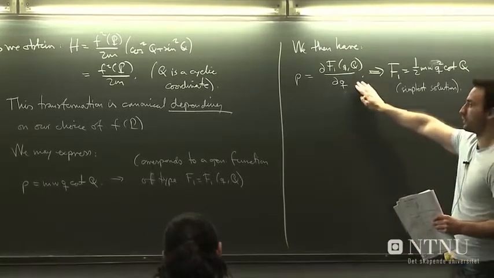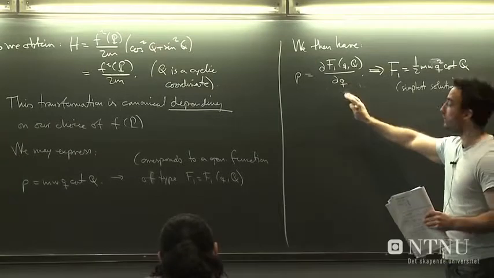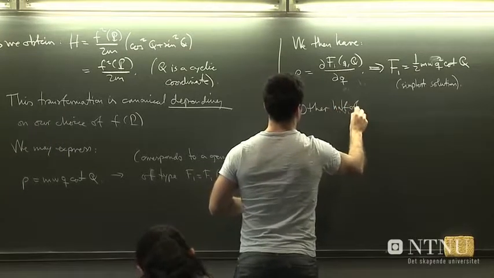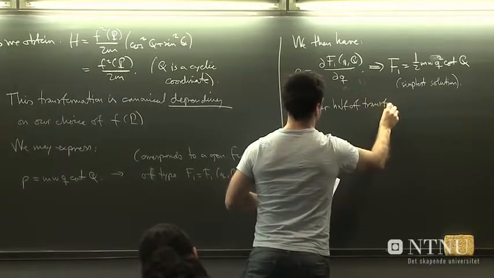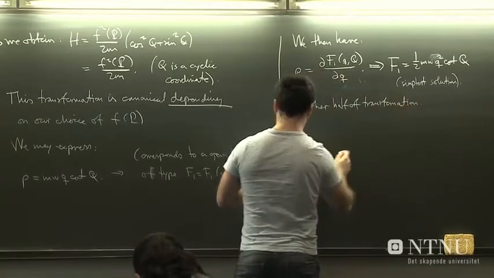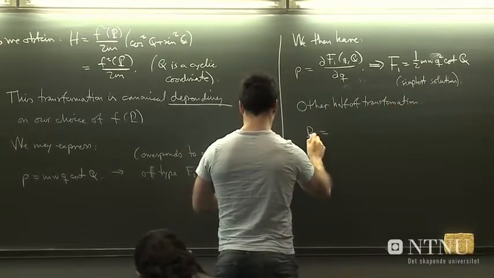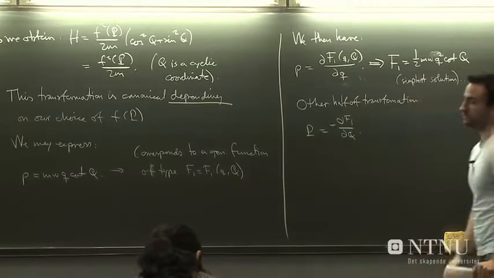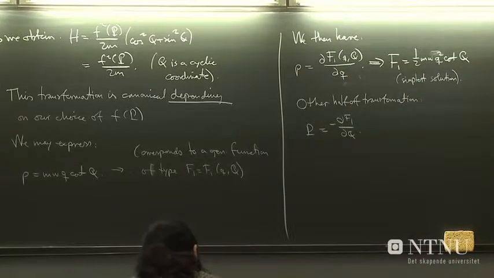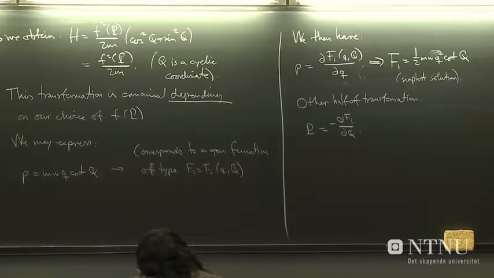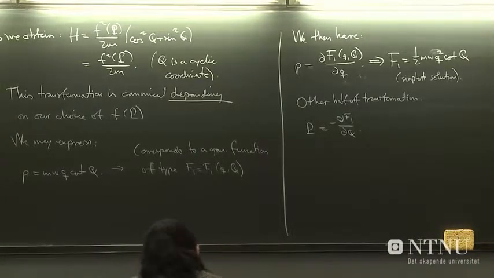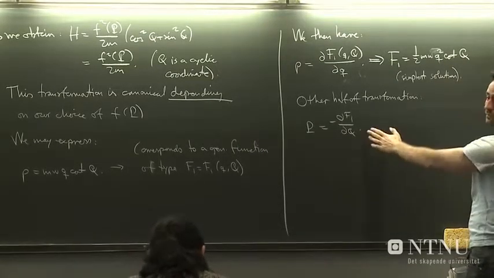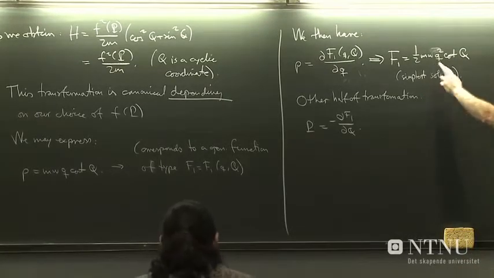So the other half of the transformation between the set of variables looks like this. But we now have an expression for f1 due to the integration over there, so we just perform a partial derivative of this one.